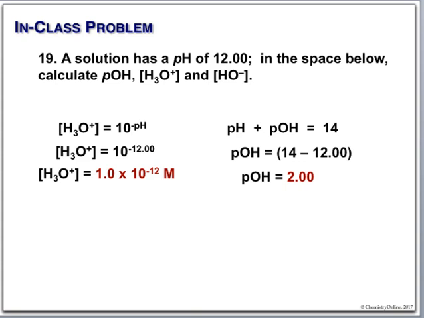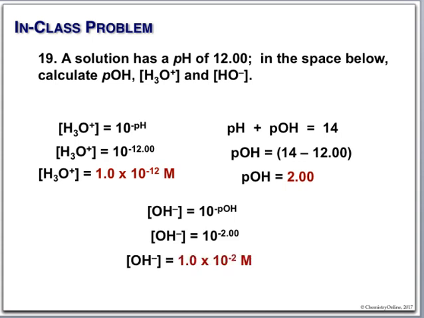And just like this relationship, hydroxide is 10 to the minus pOH. So, all I have to do is stick in my pOH right here. And hydroxide is therefore 1 times 10 to the minus 2 moles per liter. Any question?